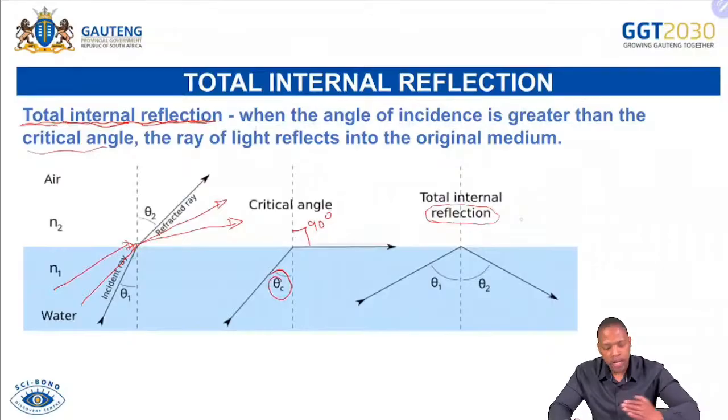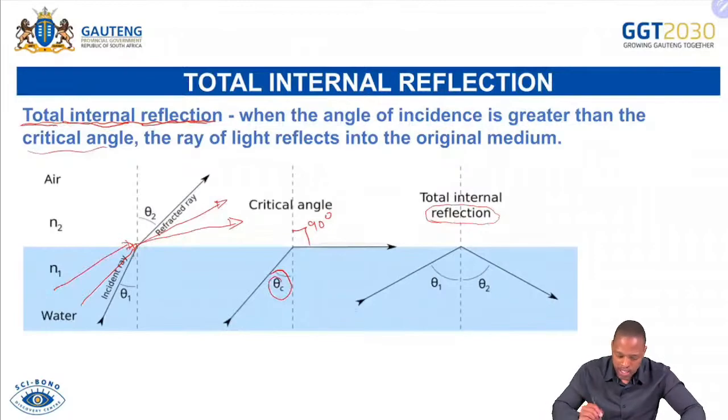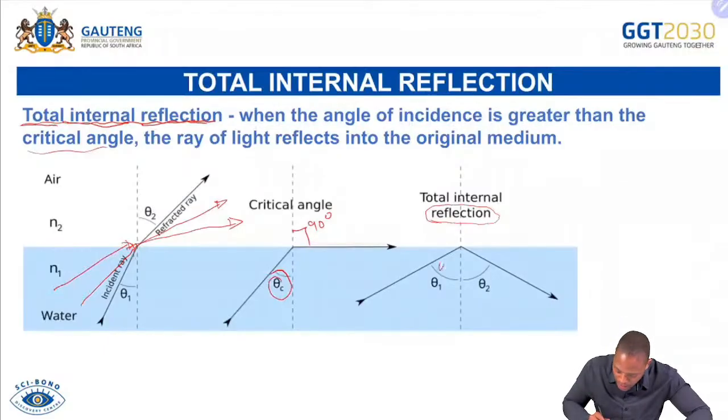But now you have increased the incident angle such that it is now greater than the critical angle. Then the ray of light does not go through. Instead, it reflects back into the original medium. The laws of reflection all come back. Yet again, the incident ray, the reflected ray, and the normal all lie in the same plane, and the angle of incidence is equal to the angle of reflection.